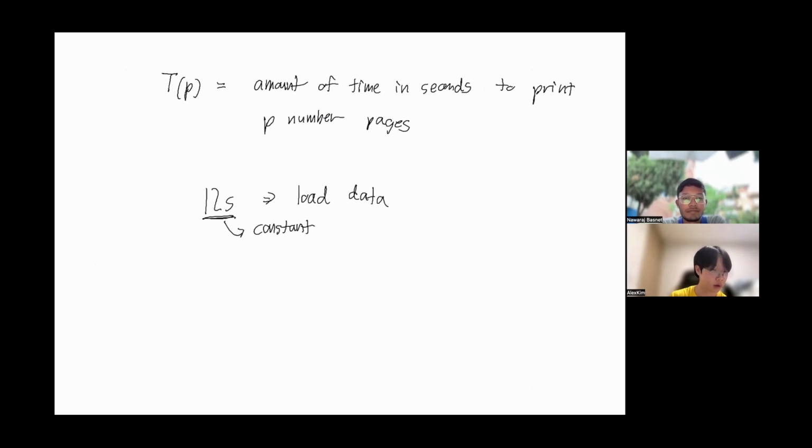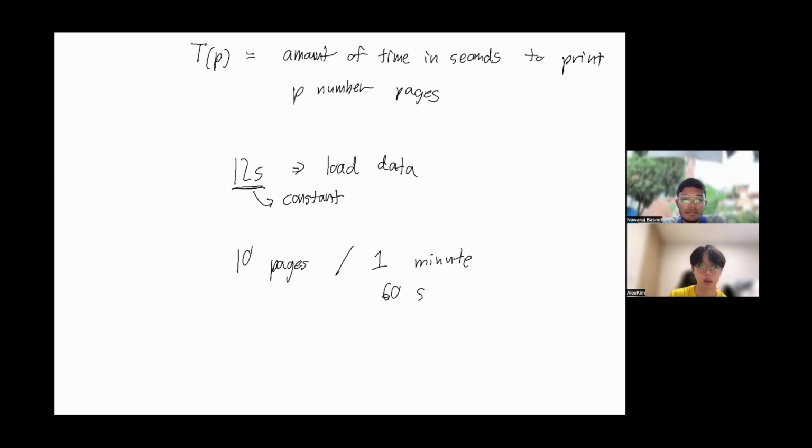And then reading more, the printer prints 10 pages per minute. So 10 pages per 1 minute. And we know that 1 minute is 60 seconds. So in order to print one page, it takes 6 seconds, correct? Yes, sir.